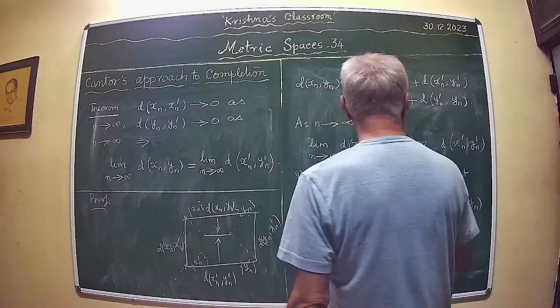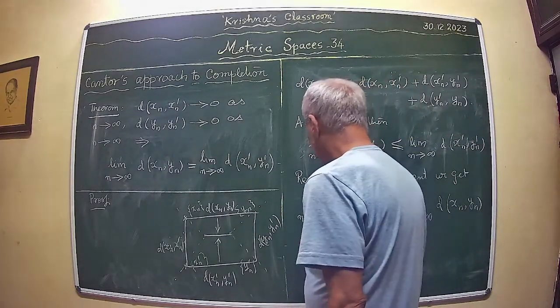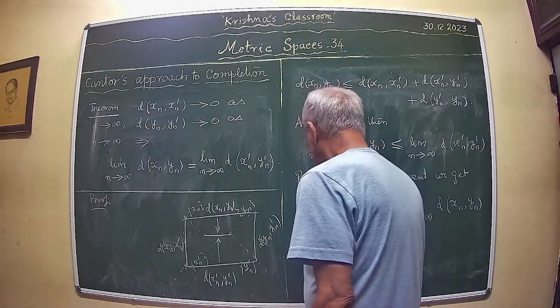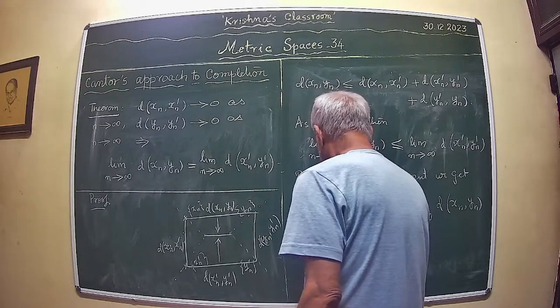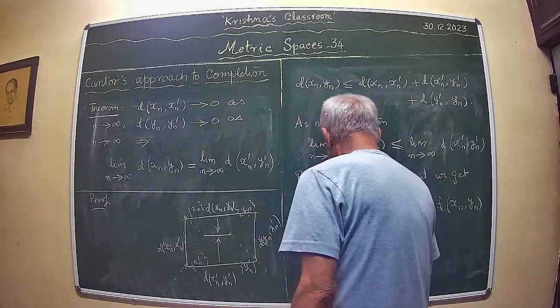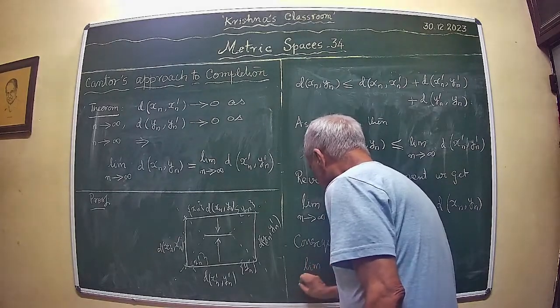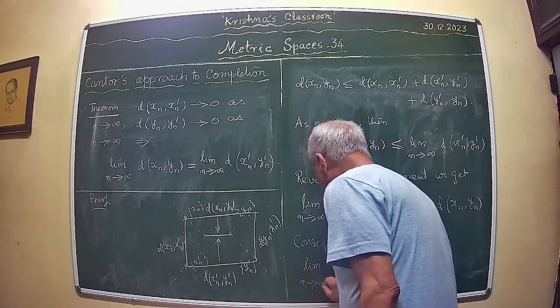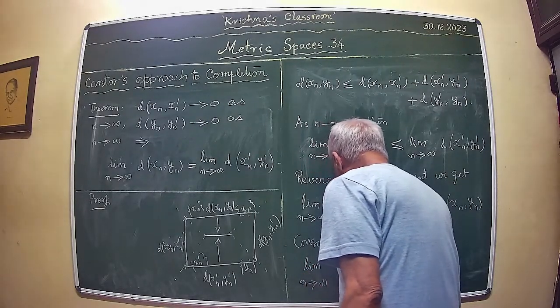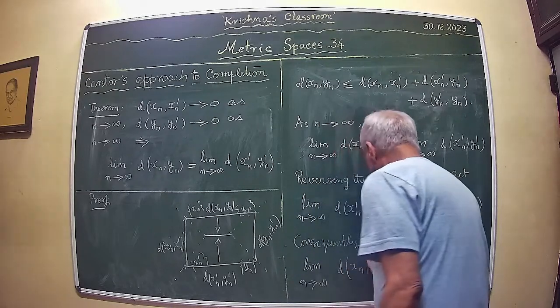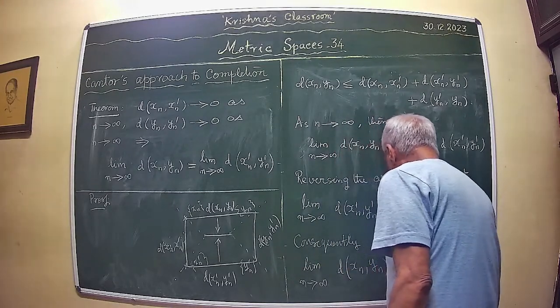So together these two, consequently, the limit as n tending to infinity of d(x_n, y_n) equals the limit of d(x_n prime, y_n prime).